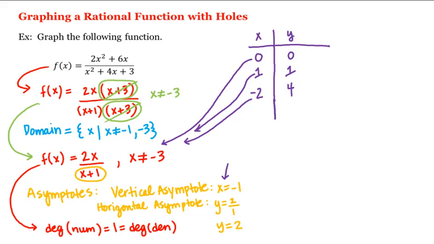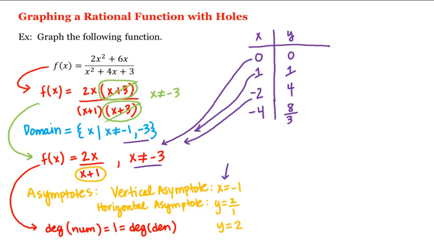And then when x is equal to -4, for example, and notice we're skipping -3 because -3 is not in the domain of this function. So when x is -4, we get 2 times -4, which is -8, divided by -4 plus 1, which is -3. So y would be then 8/3.